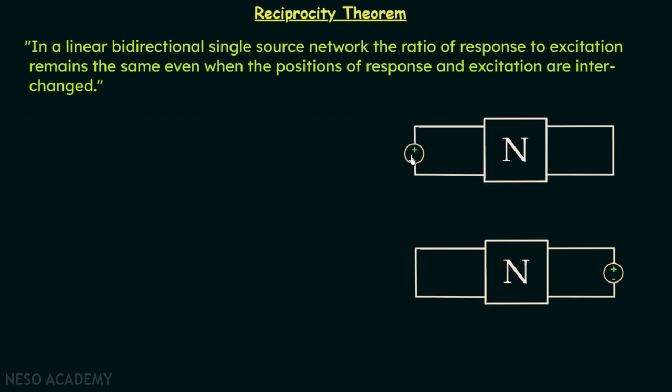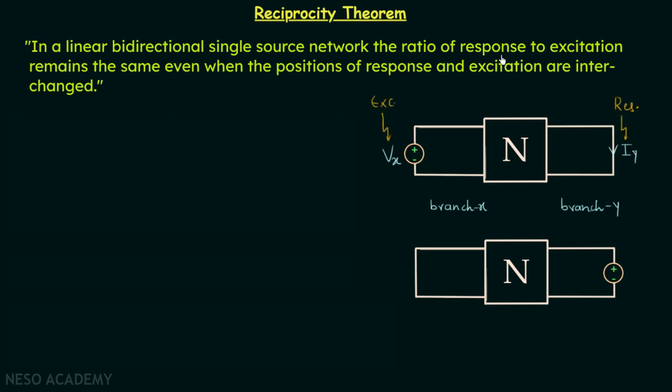Now I will say this branch is branch X, and this particular voltage source is providing the voltage equal to Vx, and due to this voltage source in this branch, which is, let us say, branch Y, current Iy is produced. This means Vx is our excitation and Iy is our response.